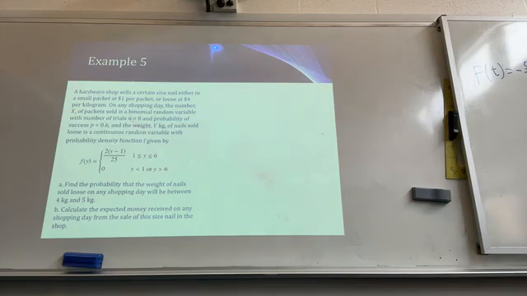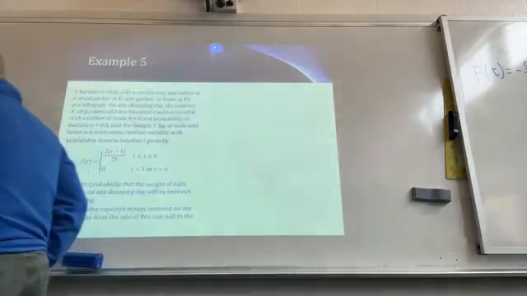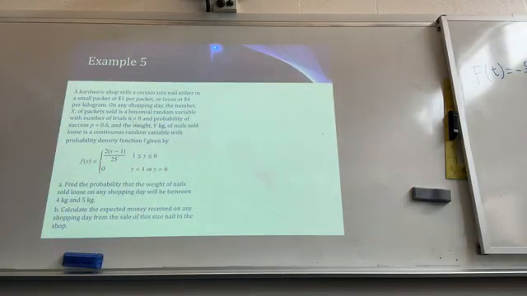So, you either buy the nails in a small packet at $1 per packet, or $4 per kilogram loose. So on any shopping day, the number X of packets sold is a binomial random variable with the number of trials n and the probability of success 0.6.